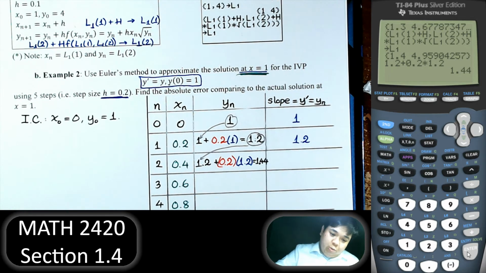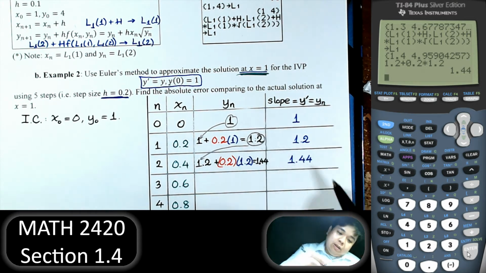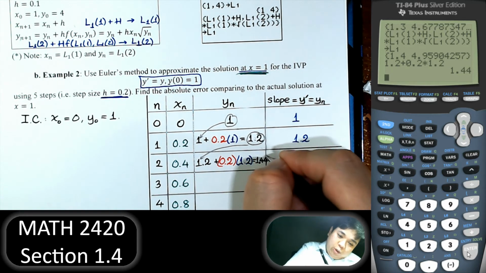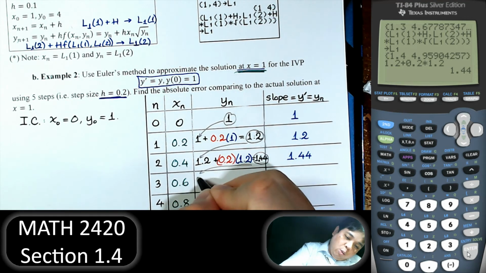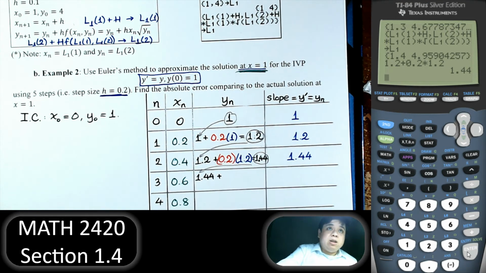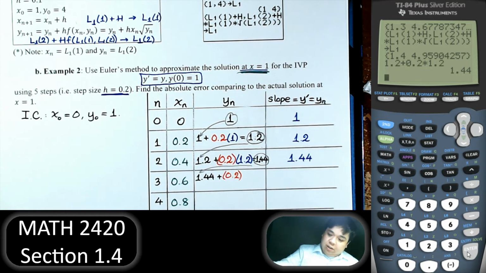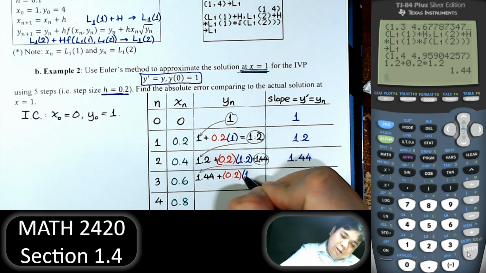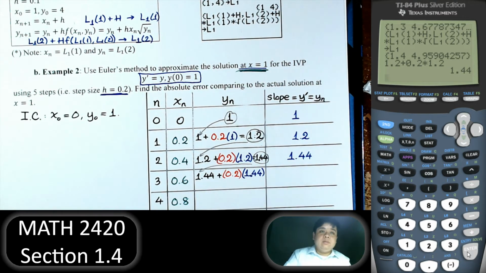And then the slope will be 1.44. And we will use that to keep updating. 1.44 plus the step size times the slope. Keep doing that.